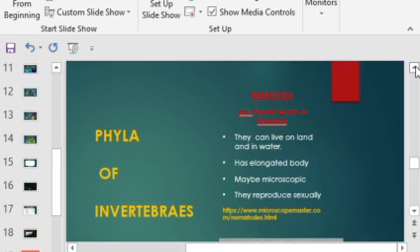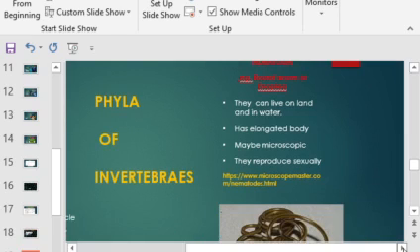So in comparison to the Annelida phylum, they actually have elongated bodies, while the Annelida have long segmented bodies. So that's something you can use to distinguish them. The Nematoda phylum may be microscopic, and they reproduce sexually as well. Alright, so next slide.